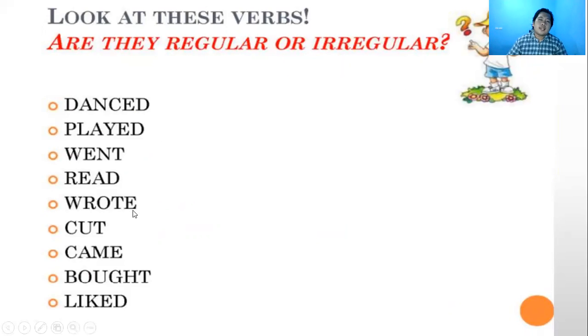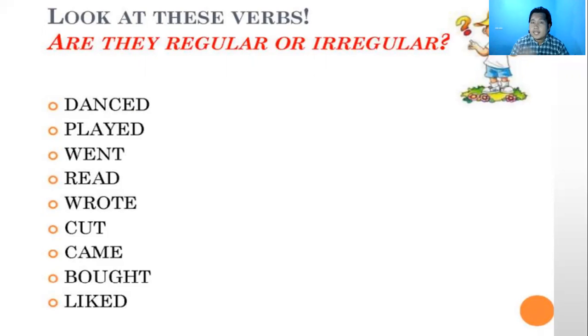Okay, take a look at this. I have here different words, different verbs, action words, and can you guess which are the verbs that are regular and irregular? Again, it is just an activity where you are going to guess.